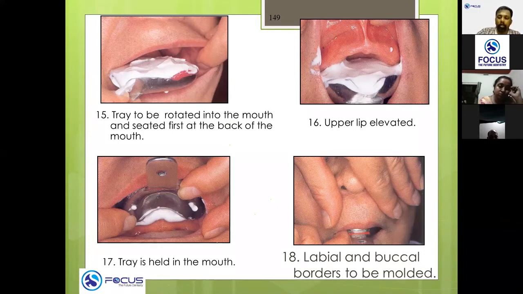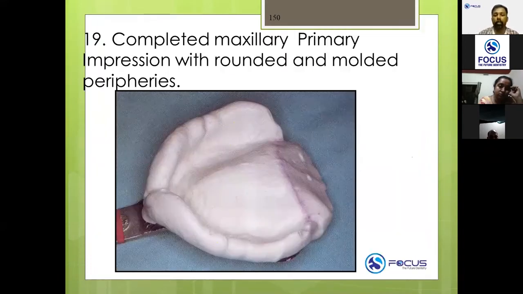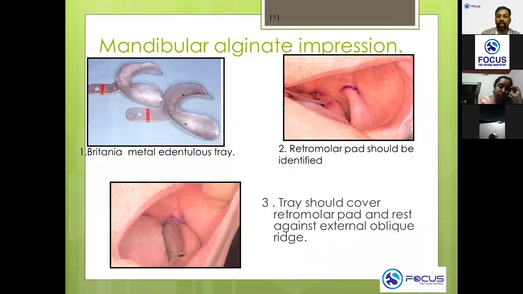Then we do the border movements: labial movements, buccal, cheek, everything is done. Then we get the primary impression. For the mandible, again the border extensions are marked and the tray trimmed.